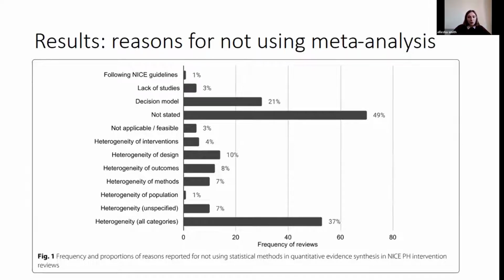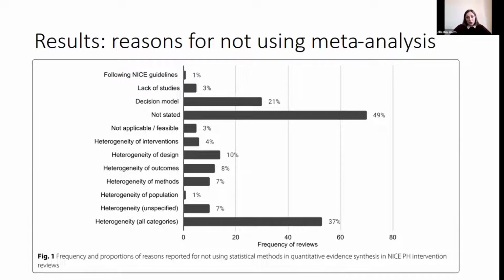The 143 reviews of effectiveness and cost effectiveness that did not use a meta-analysis method to synthesize the quantitative effectiveness evidence were searched for reasons behind this decision. 49% of the reports did not give a reason for not synthesizing the data using a meta-analysis, and 164 reasons were reported.